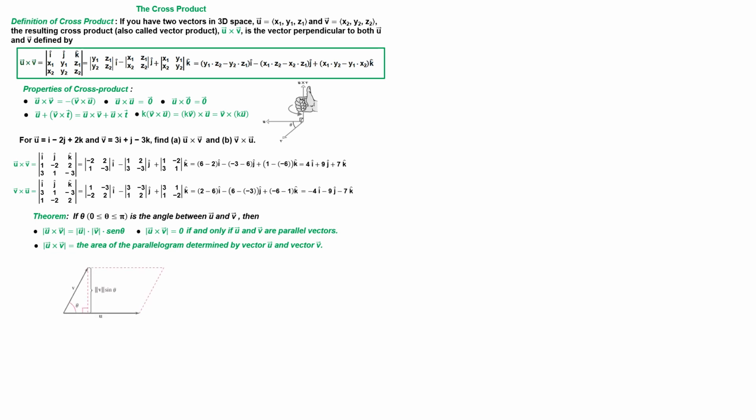To find the area of a parallelogram, you can use vector u as the base, and the height can be calculated by multiplying the length of vector v with the sine of theta. The magnitude of the cross product will give you the area of the parallelogram, which is equal to the product of the base and the height.